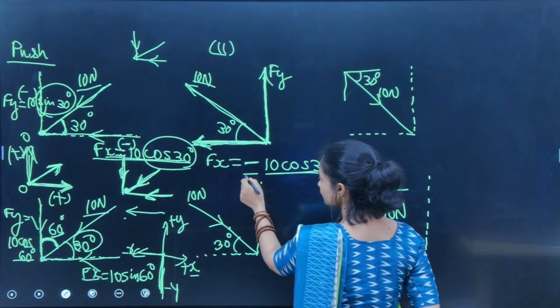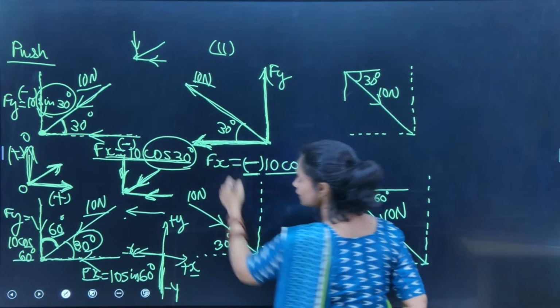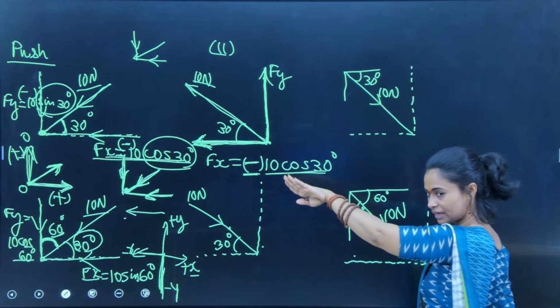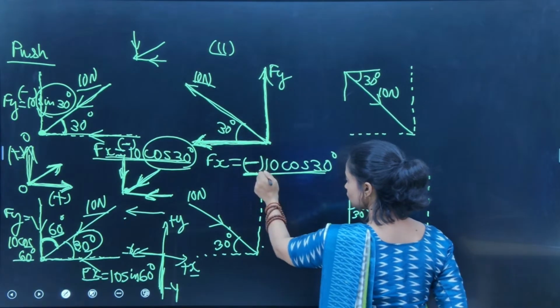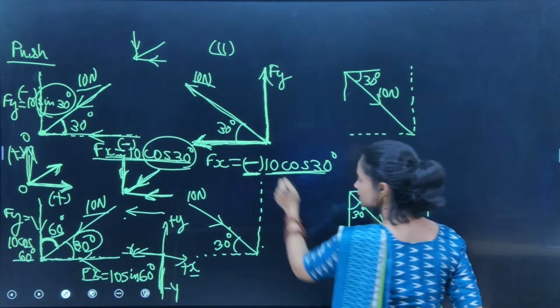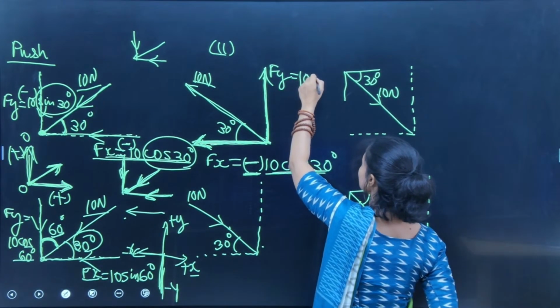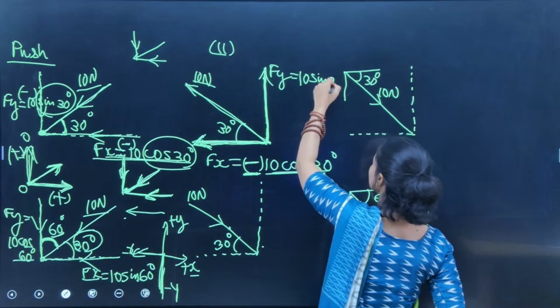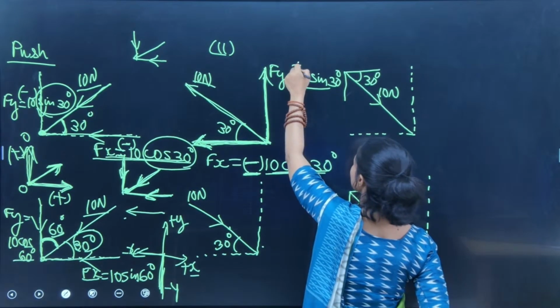We are taking the Fx as negative because the Fx is acting leftward. Leftward force will be taken as negative. So I am taking the component of F, which is 10 cos 30, as negative, and Fy would be 10 sin 30 and this will be positive.